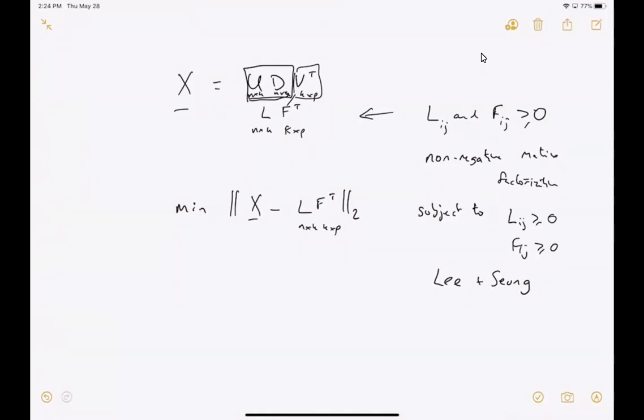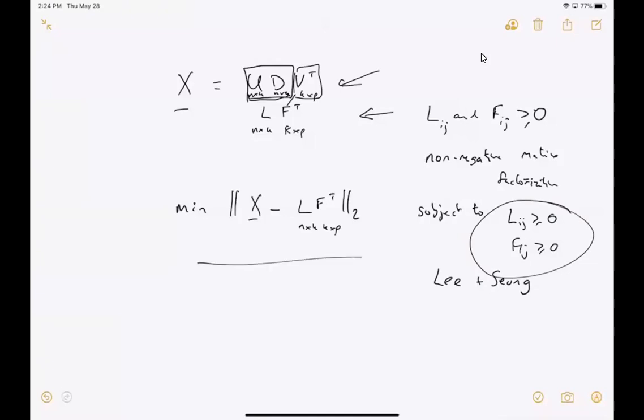So in PCA or in SVD, there's no such non-negativity constraint, right? The only constraint is orthogonality of the V's and the U's, orthonormality, which is required to make it unique, but there's no such constraint here.